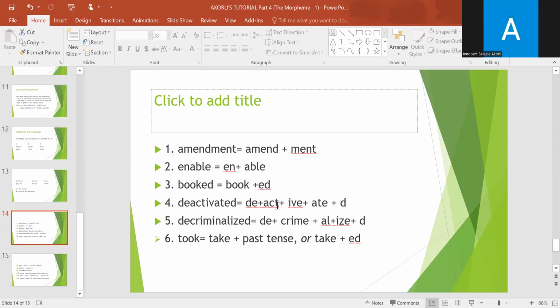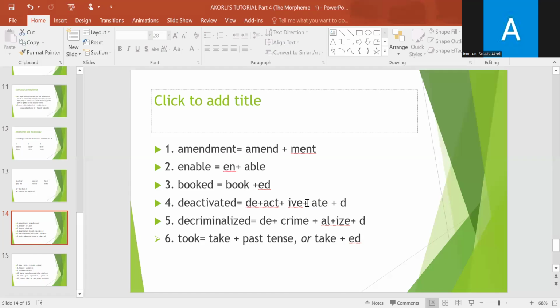But when you take activate, remember that you can have active plus ate. You're going to have active, which is a word in English, plus ate. So you're going to split activate into active plus ate.